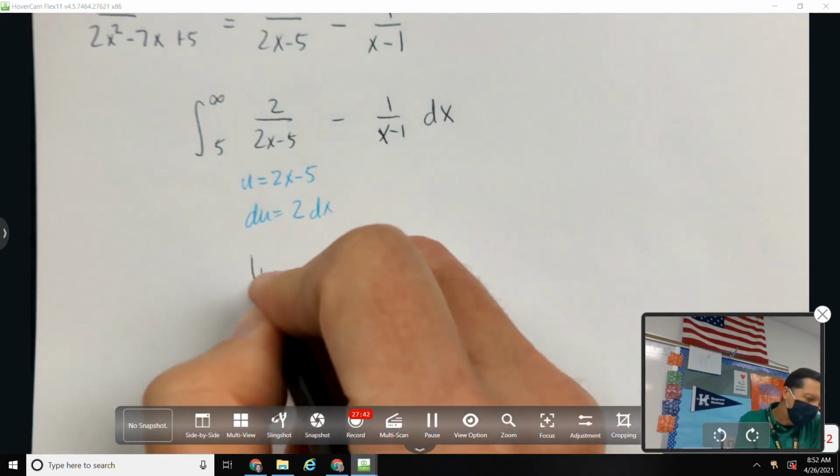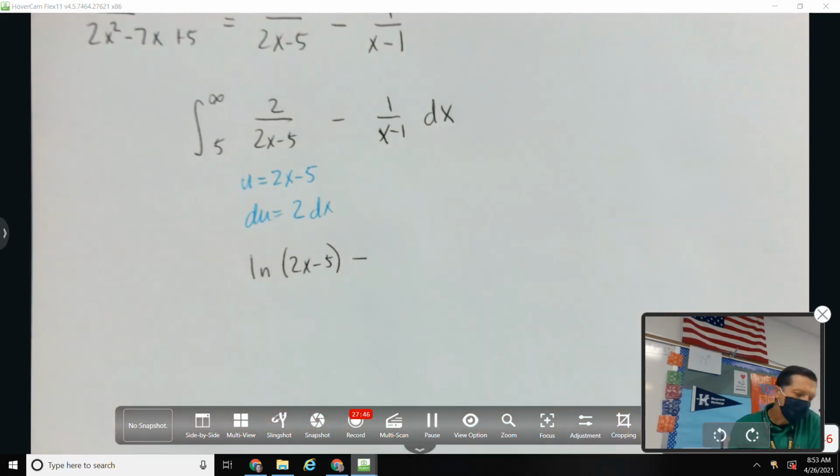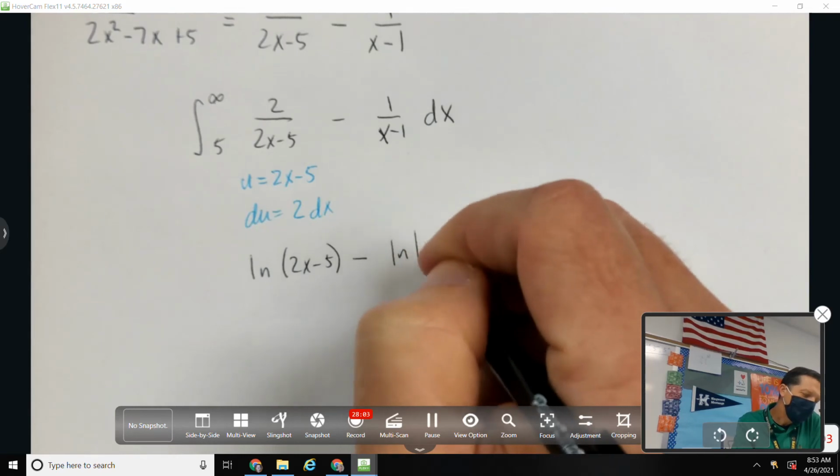So that would be natural log of 2x minus 5. Minus. How about the natural... Oh, that just gave away the answer. The integral of 1 over x minus 1. The natural log of x minus 1.